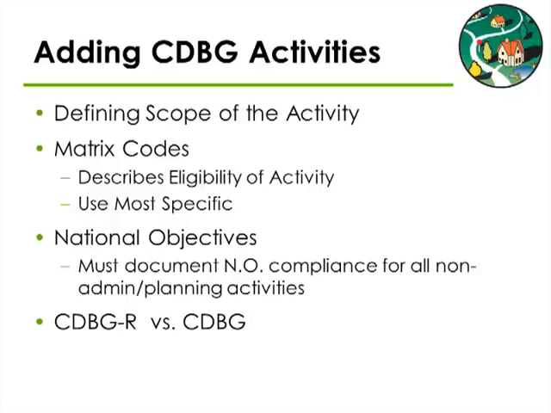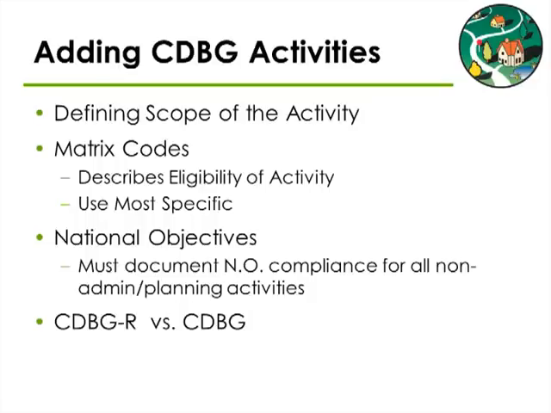The matrix code and national objective field are the two most important fields you will see during activity setup. The system will show you different screens based on the matrix code and national objective selected. For example, if you select Low Mod Area as your national objective, the system will ask you for census tracts in the target area receiving a CDBG benefit.